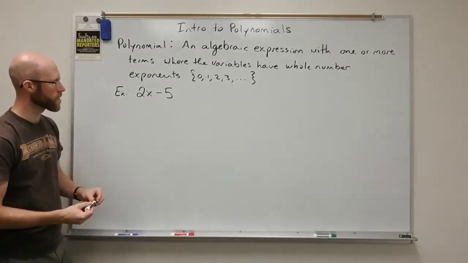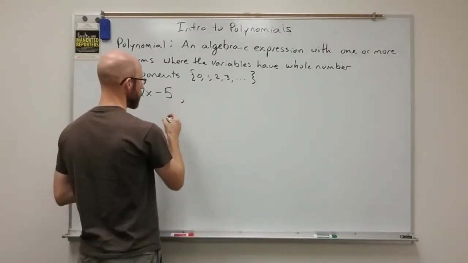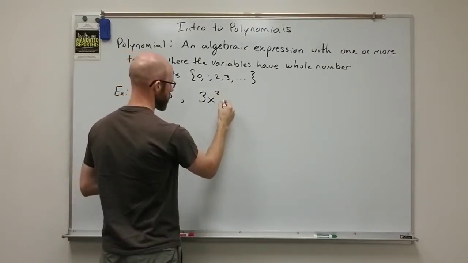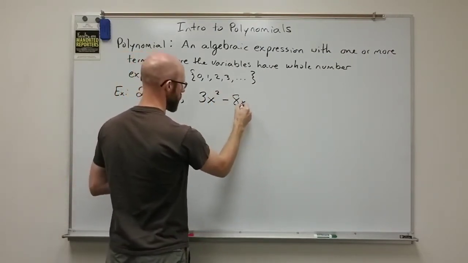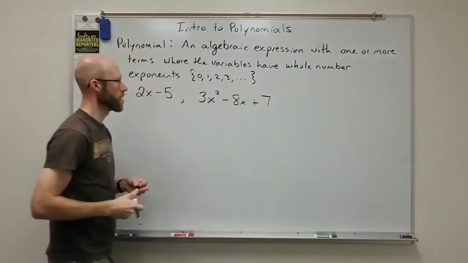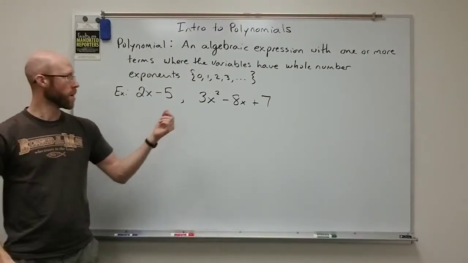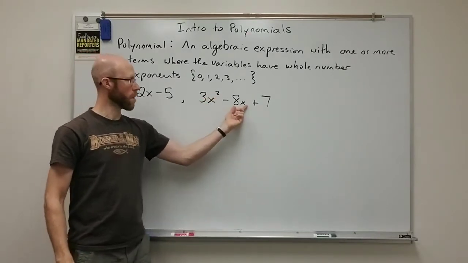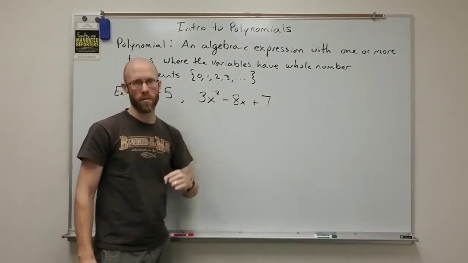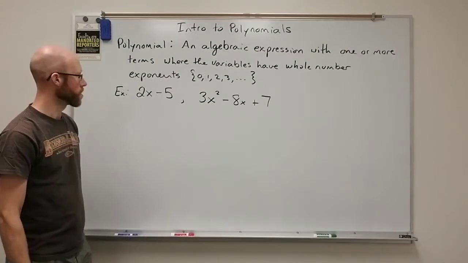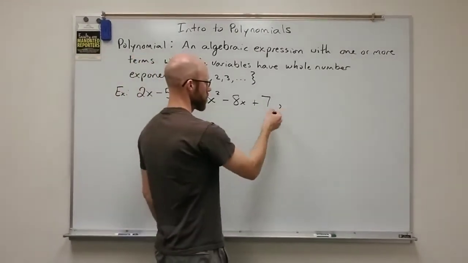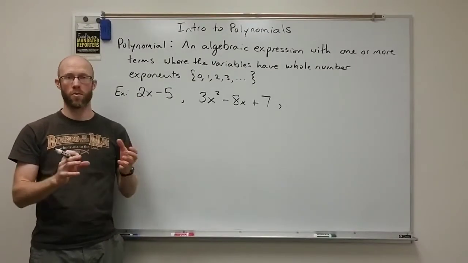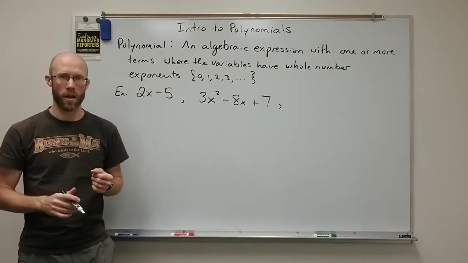Another example you might see, something with some larger powers, something like 3x squared minus 8x plus 7. Okay, here I've got an x squared term, so power of 2, power of 1, and a power of 0 again. Okay. You may also see things with multiple variables. So we can have polynomials that have 2 or 3 variables in the same expression.